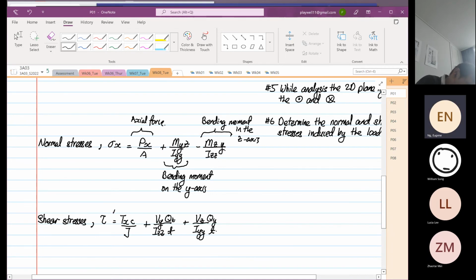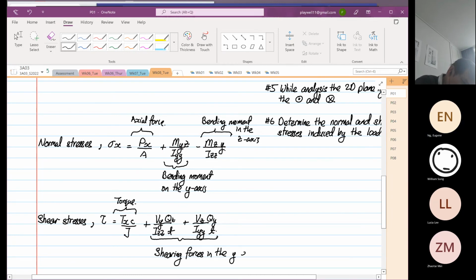And we know this is due to the torque, and over here, these are due to the shearing force in the y and z axis.